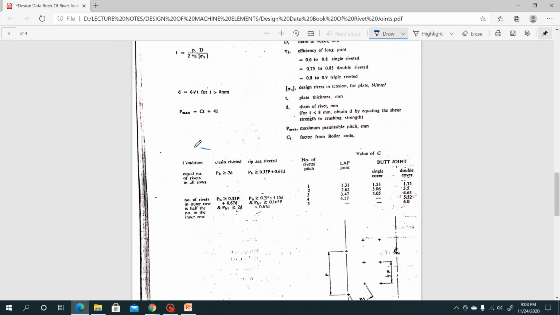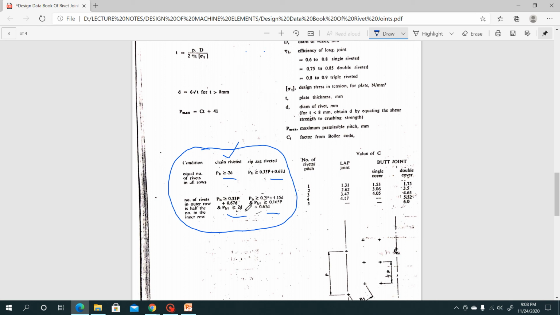You can get the value of back pitch by using this condition. If it is chain riveted, then these two options are available, and if it is zigzag riveted, then these two options are available.